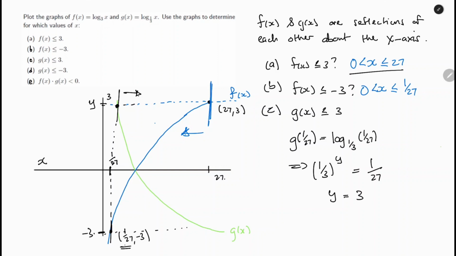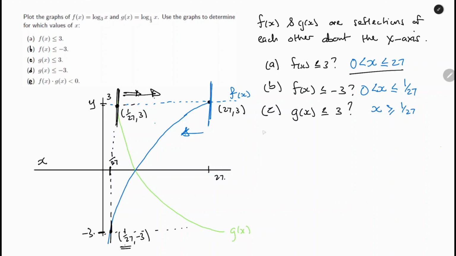Right, that's easy to see. So, which is exactly this point here. So we have 1 over 27, y is equal to 3. So we can see that any x value this way of this vertical line will give us the required inequality, g of x is below y is equal to 3. Okay, so the answer here is x is greater than 1 over 27.